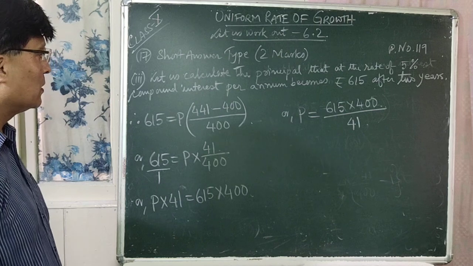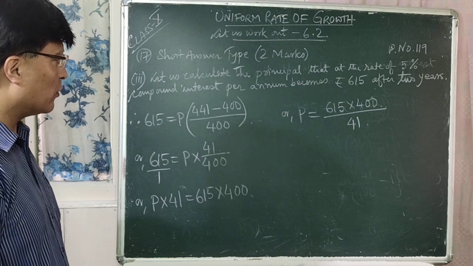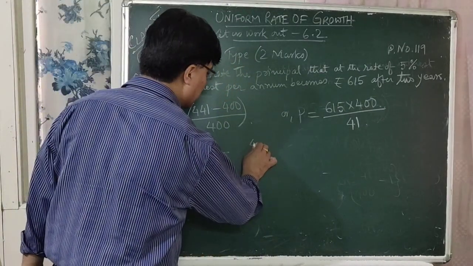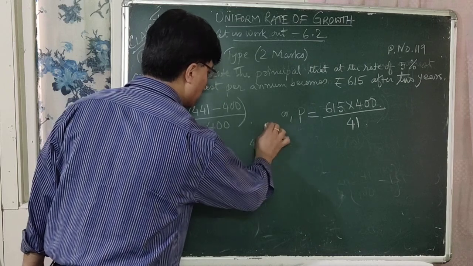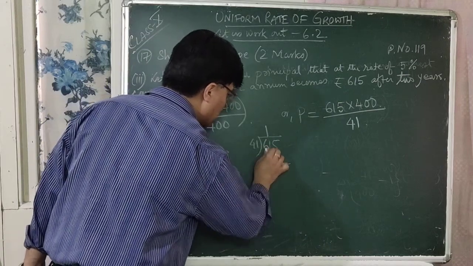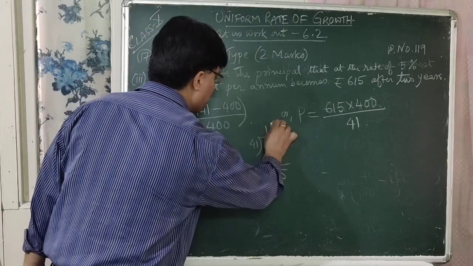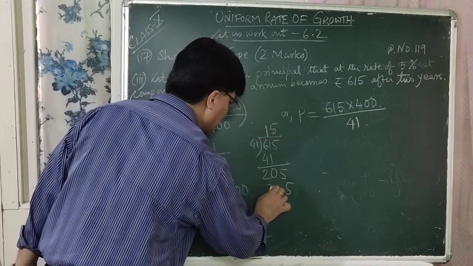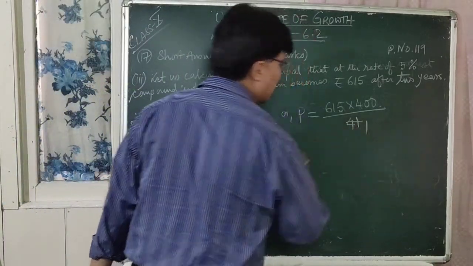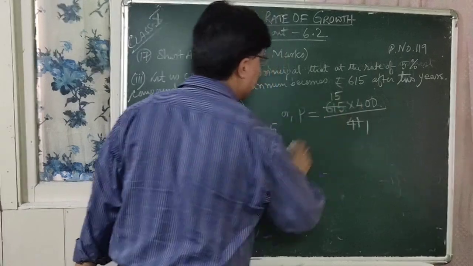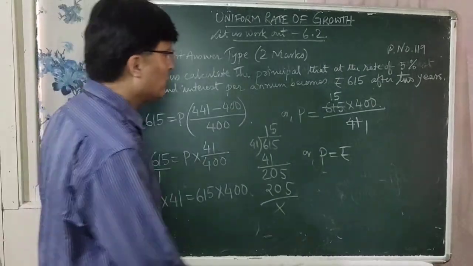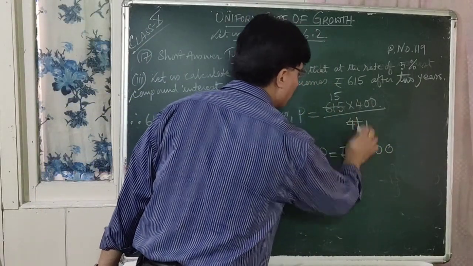Is that clear? So 615 into 400 divided by 41. I think you can cancel 615 and 41. Let us divide it. 615: 41 ones are 41, isn't it? 41 ones are 41. 6 minus 4 is 2, 5. So 5 ones are 5, 5 fours are 20, so it is 15 times. So 41 into 15 is 615. Or P is equal to rupees, what is the answer? 15 zeros are 0, 15 zeros are 0, 15 fours are 60.